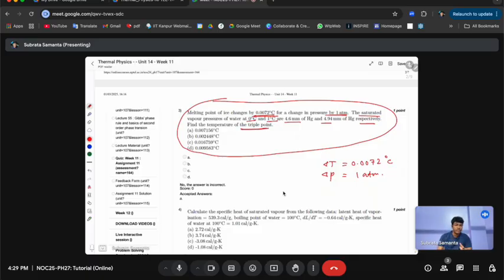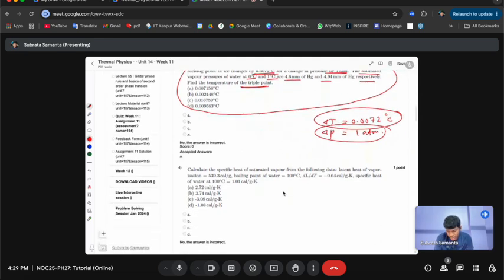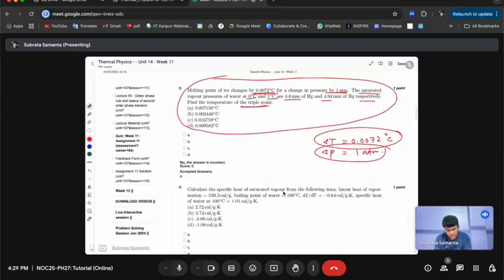Again, in this problem you have to compute the temperature of the triple point, when the melting point of ice changes by this amount for a pressure change of 1 atm. So how to solve this problem? You have to calculate the temperature at the triple point.